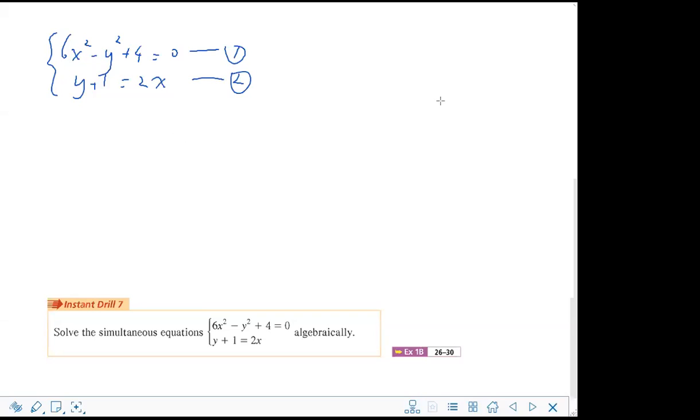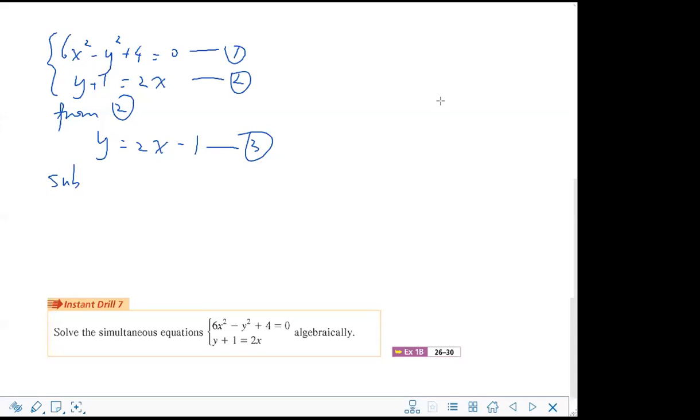Okay, so y is equal to 2x minus 1, and call this equation 3. All right, and then we will substitute equation 3 into equation 1. So 6x squared minus y squared becomes 6x squared minus (2x minus 1) squared plus 4 is equal to 0.